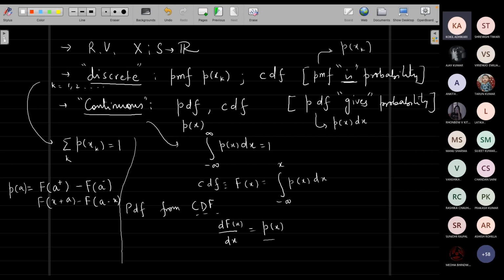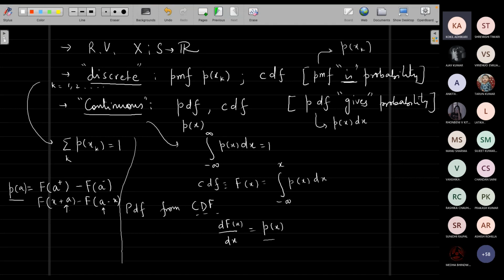You are basically taking the difference of the values of the CDF slightly to the right of this number and slightly to the left of this number. And then you get the probability at that particular point. So CDFs can also be used to find PMFs or PDFs, just like if the PMFs and PDFs are given, then you can find the CDF. They are sometimes used interchangeably. Different places have different uses. We will see when each will be used in a particular application.